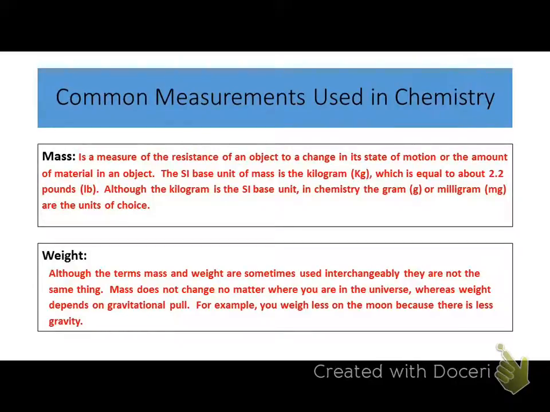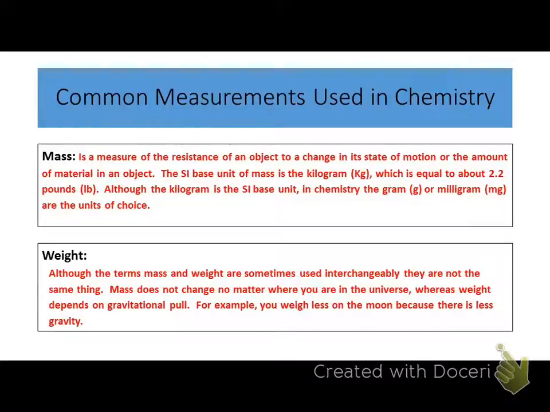For instance, a car is made up of quite a bit of material, so it has quite a bit of mass. But compared to the Earth, it is much less massive, because the Earth is made up of a lot of material. Alright? So that's the way we want to look at mass.